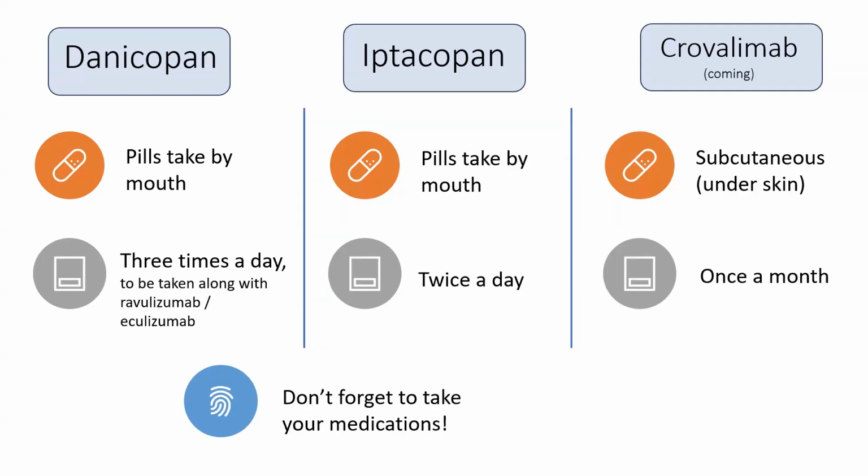You also have to remember to take them pretty regularly. So danicopan is 3 times a day, but it has to be taken on top of your ravulizumab or eculizumab. So let's say you're on ravulizumab every 8 weeks with the IV, and then you take this on top 3 times a day. It's quite cumbersome, in my opinion, to remember to do that.